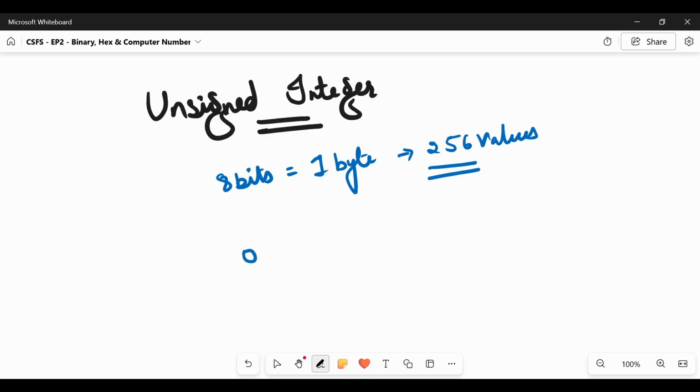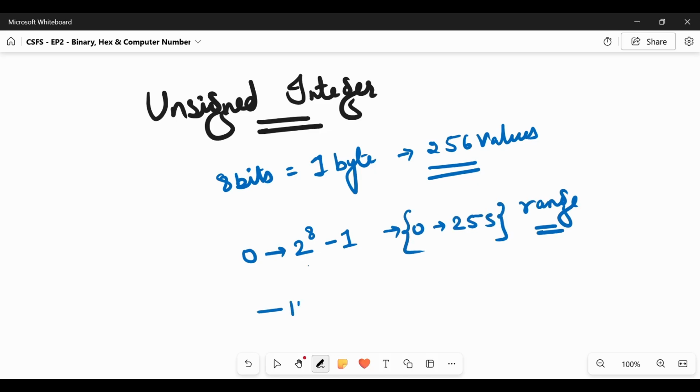So the range will become 0 to 2 to the power 8 minus 1, that is 0 to 255. This will be the range. Minus 127 to plus 128. This will be the complete range for signed integer values. So integers are not just signed values, they can be unsigned values as well. Okay. We will convert this in the next episode.